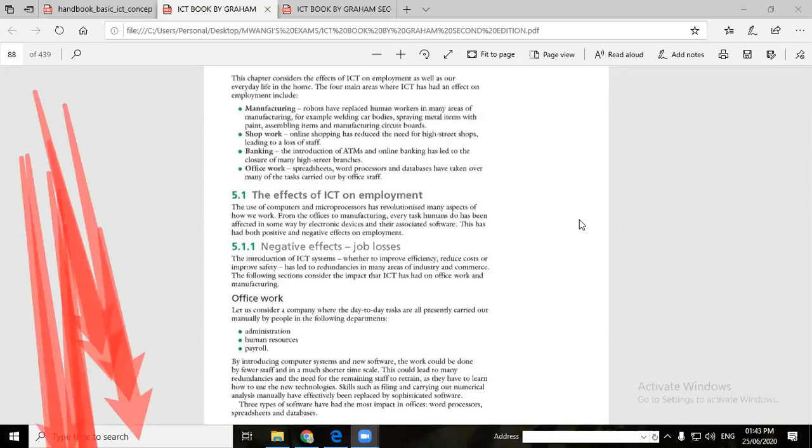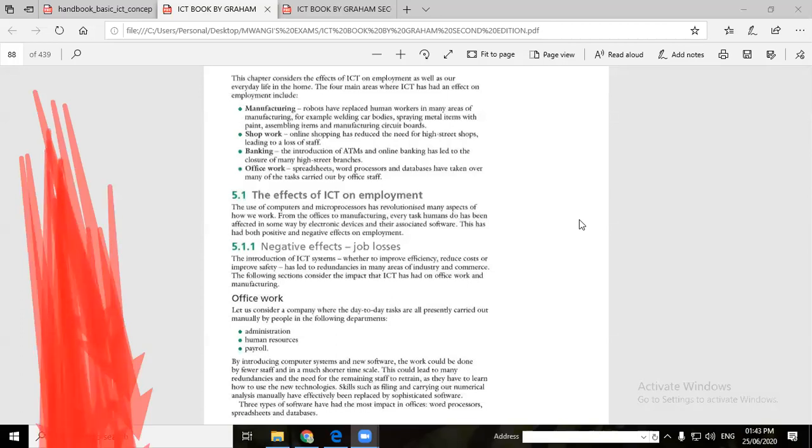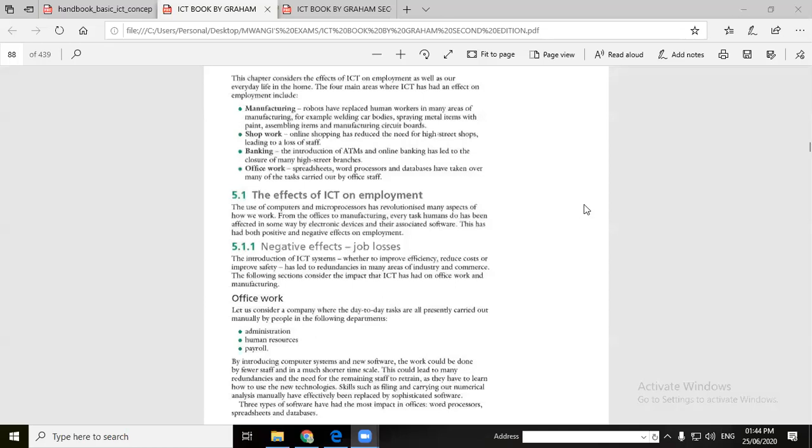The introduction of an ICT system, whether to improve efficiency, reduce cost or improve safety. So now we are looking at the negative effect of ICT, and the first thing is job losses.